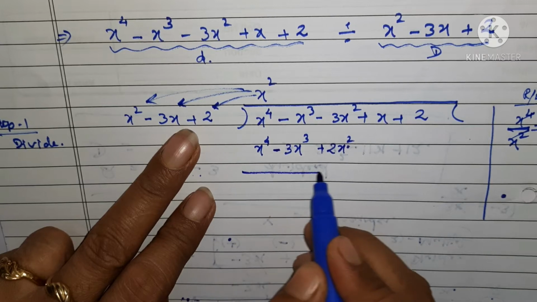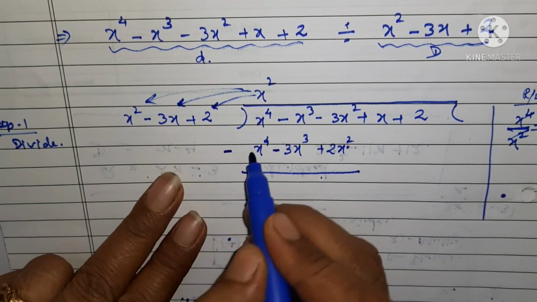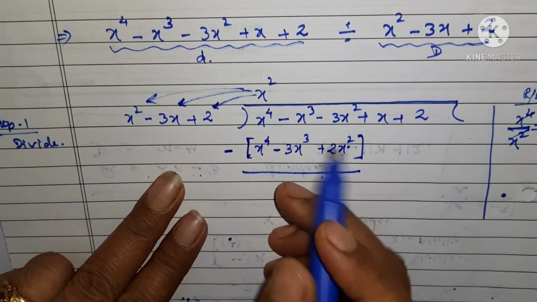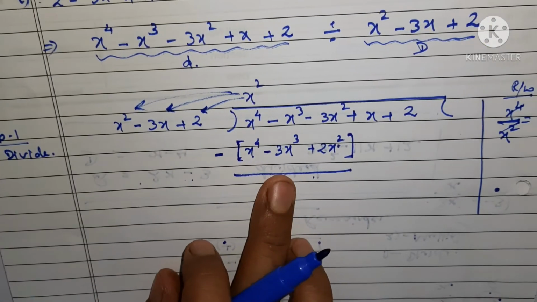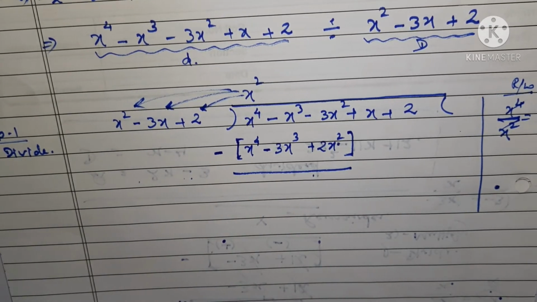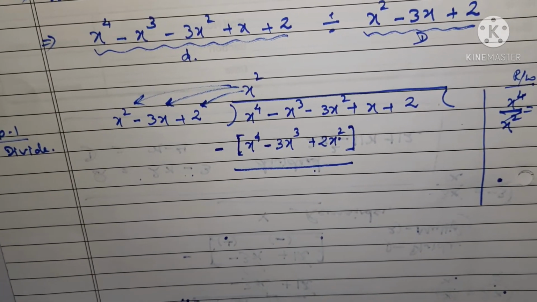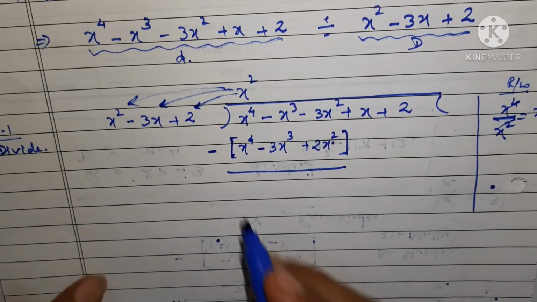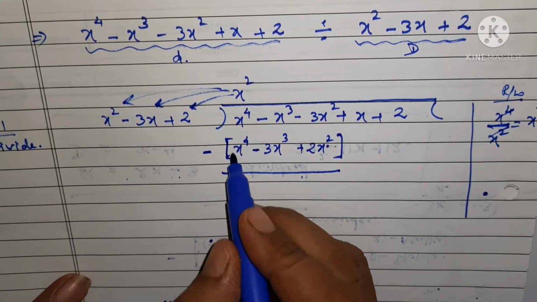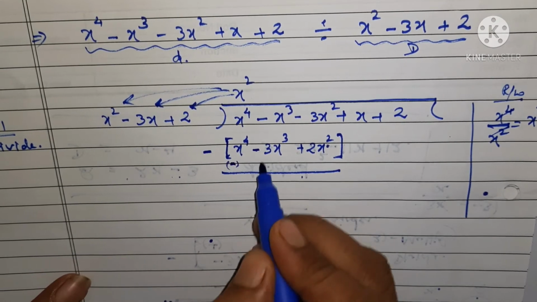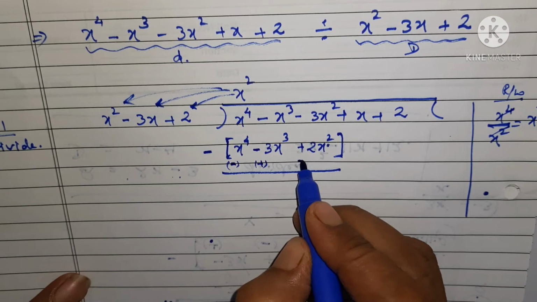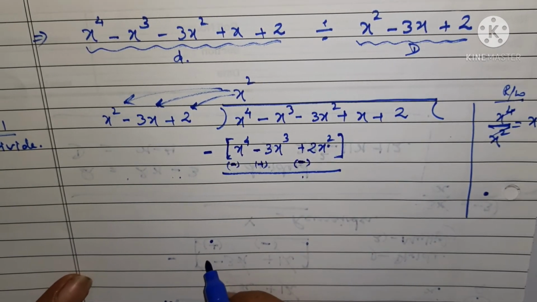Okay, now you just have to subtract. As we do in general or simple divisions, the same method you'll use here to subtract. When you are going to subtract, simply change the signs inside the bracket. So here this is a plus sign, it will become minus. This is minus, so it will become plus, and here it is plus, so it will become minus.